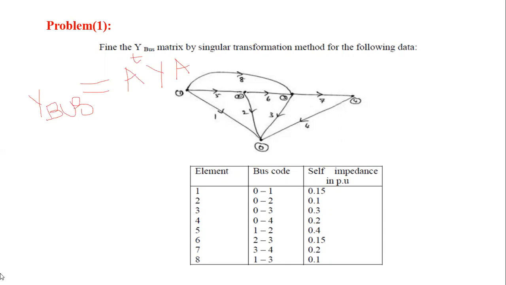What is meant by the A matrix? A means the bus incidence matrix.